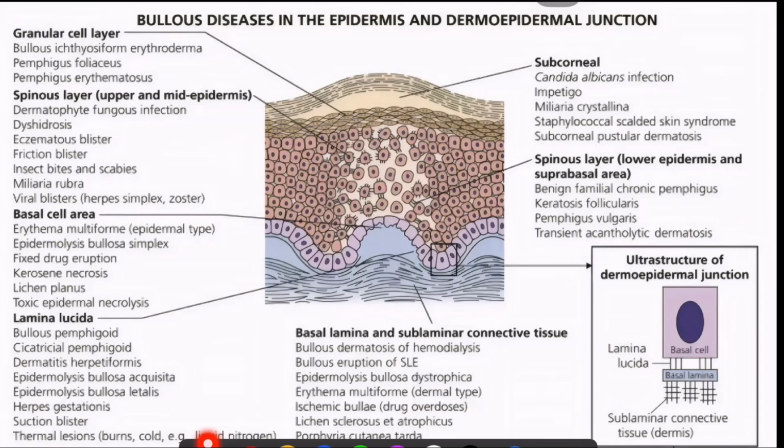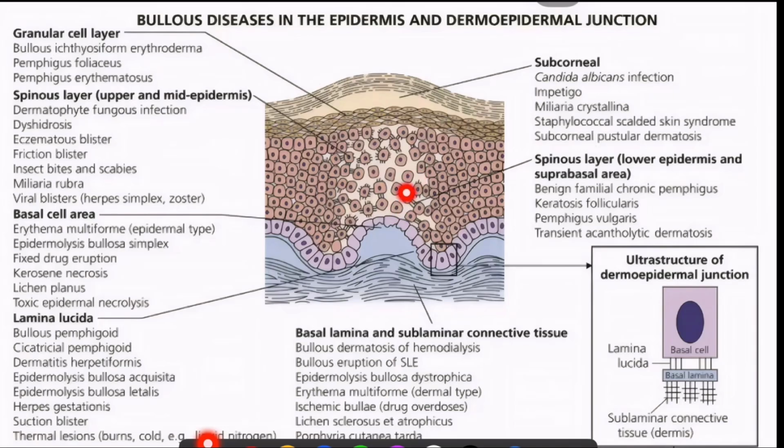Spinous layer, where the upper and mid epidermis are affected with the bullous lesion, so these are these conditions. If the basal layer is affected, where you can find bulla, then it is erythema multiforme, fixed drug reaction, lichen planus.